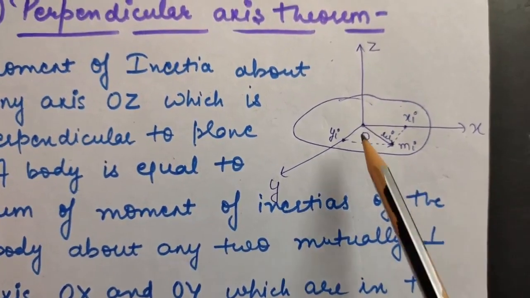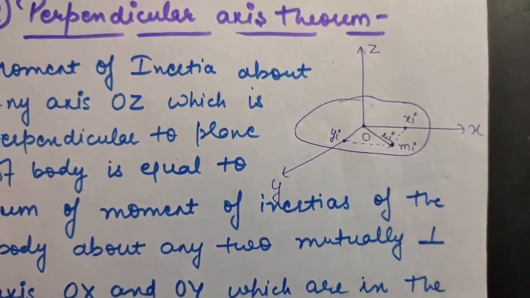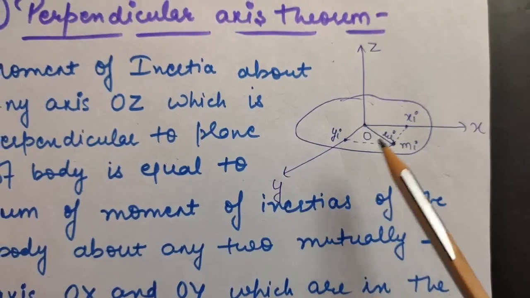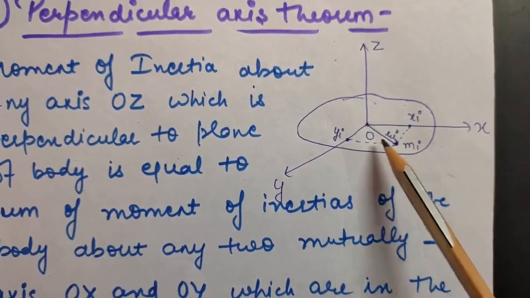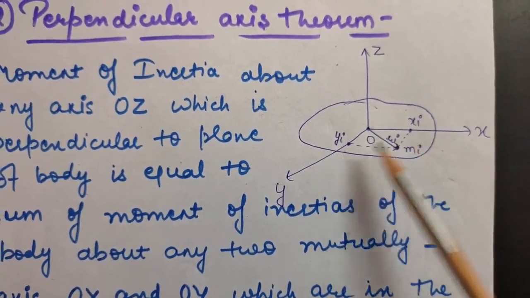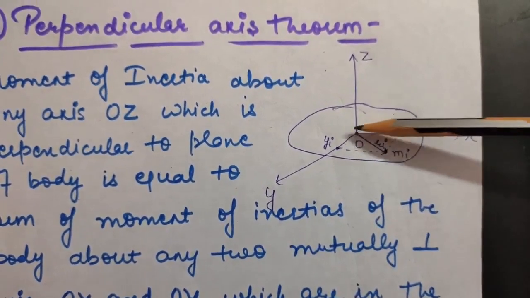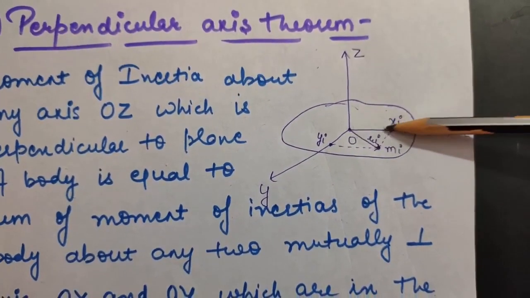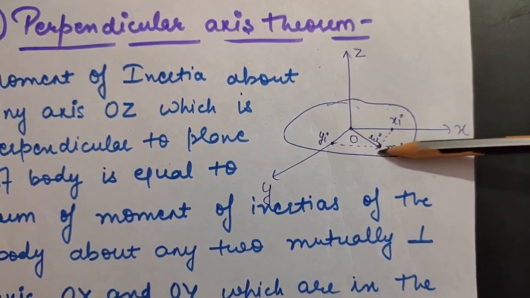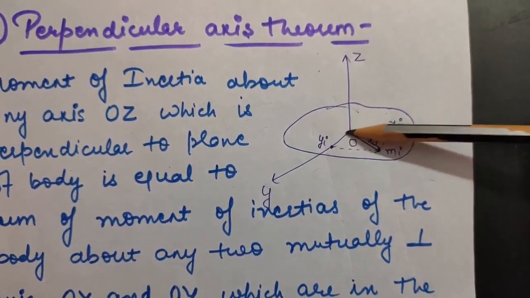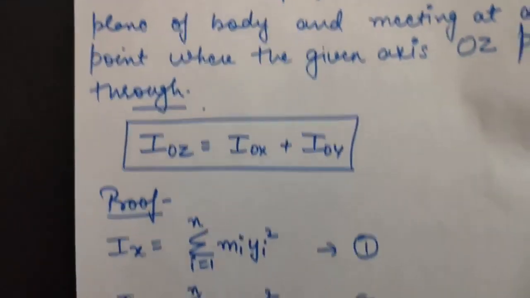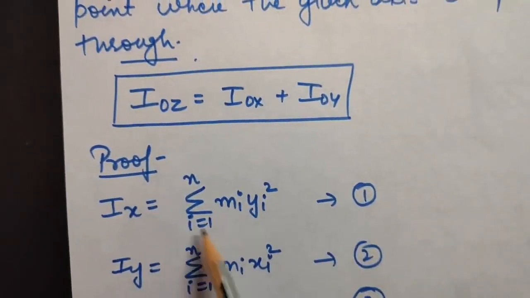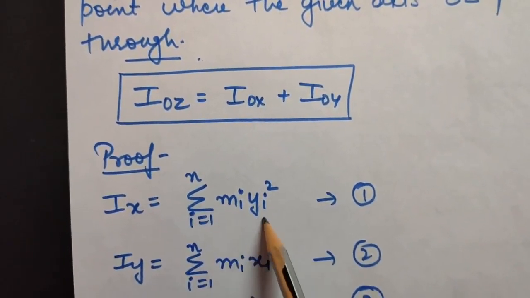Can you tell me, for the x-axis, what will be the perpendicular distance of the mass? Obviously it is along the y-axis, because this mass is present in the xy plane. If I am at the x-axis, then this distance will be the perpendicular distance for me. So this is nothing but y_i. So I_x will be equal to summation i equal to 1 to N of m_i y_i square.